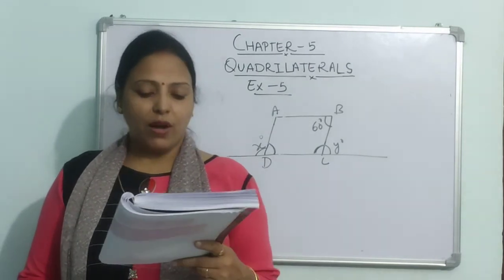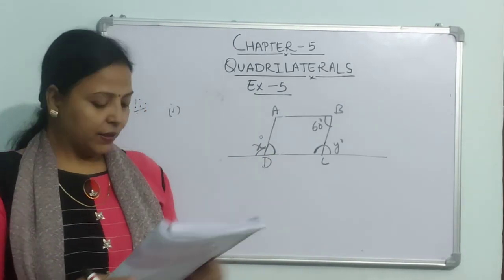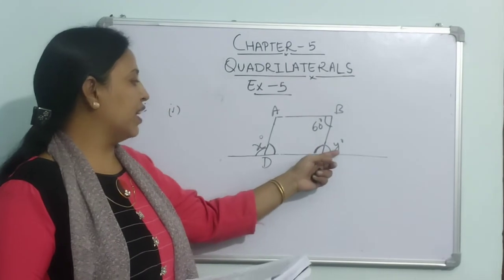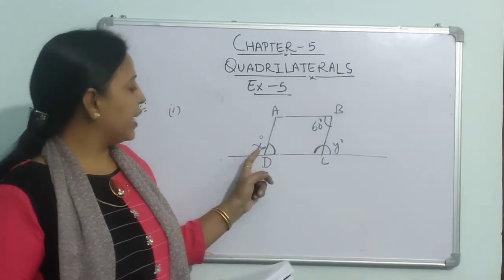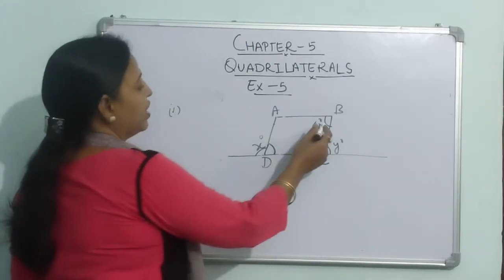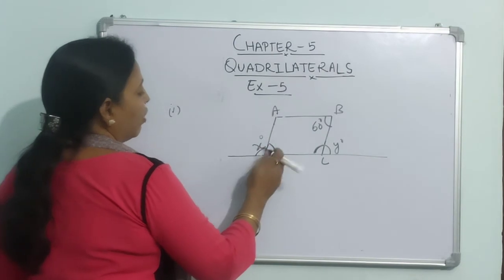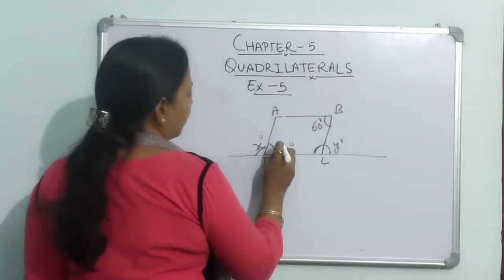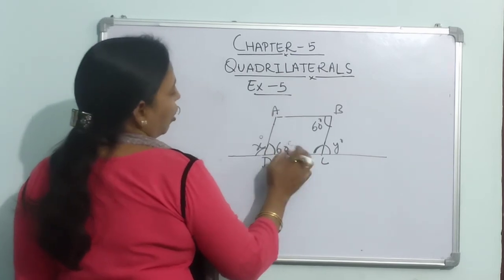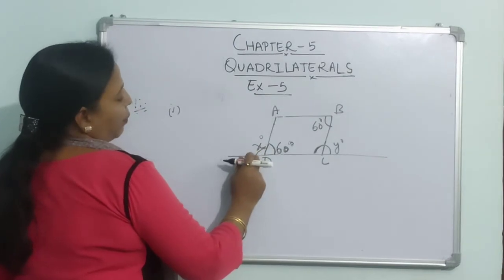Now question number 11. Find x and y in the following parallelograms. So the first diagram I have drawn here. This is a parallelogram. Here this angle is given 60 degree. This is x and this is y. So you have to find the value of x degree and y degree. So here you know, in case of a parallelogram, opposite angles are equal. So this angle will be 60 degree using the property of parallelogram, and these two are a linear pair, they are supplementary.